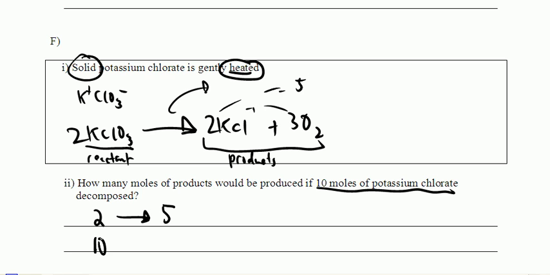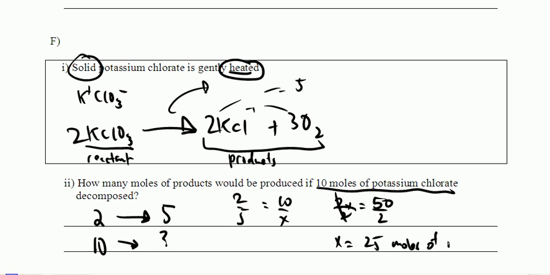They're saying if you start with 10, what would you make? So we can do a proportion. 2 is to 5 as 10 is to what? And I could cross multiply, and I could divide by 2. And X equals 25 moles of products. Woot woot.